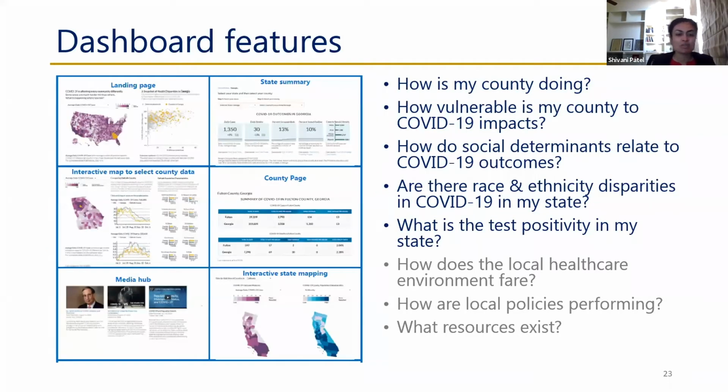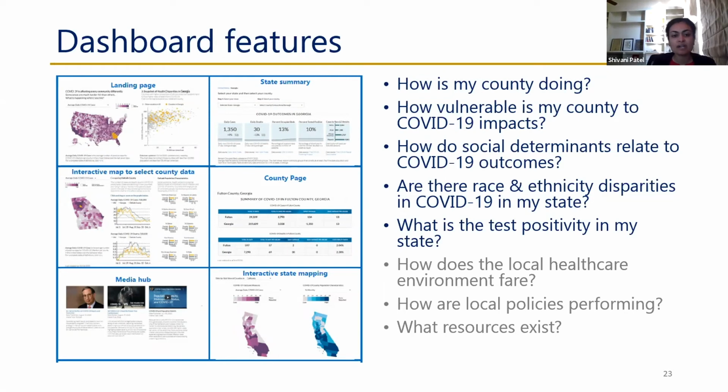Some of the dashboard features include a landing page that has an interactive visualization that we've actually changed up just a little bit. There's a state summary. There's an interactive map to select county data and also hover over different counties to do comparisons. You've already seen a lot of screenshots from the dashboard in this presentation. There's a county page with detailed county data.